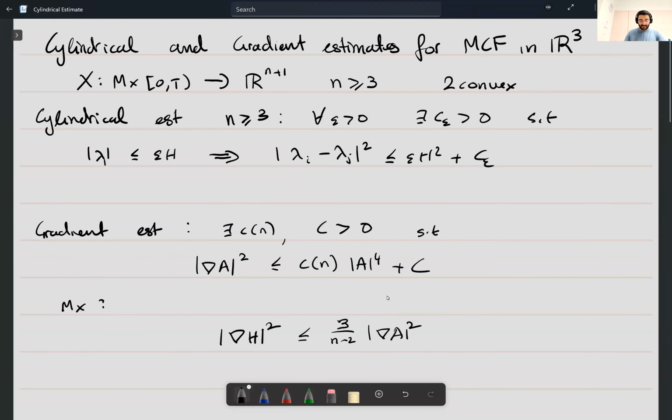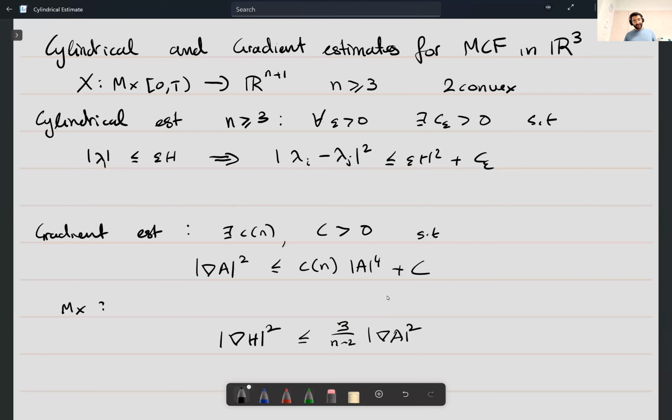Now, just looking at these estimates, firstly, the cylindrical estimate really makes no sense if you set n equals 2, because there is only one principal curvature other than the smallest one. So you can't really write it like this, but you can ask, if I take a sequence where h is going to infinity, and I'm blowing up about some sequence of points, do I get something that looks like a cylinder at that point?